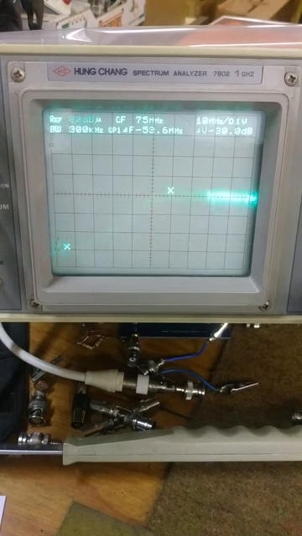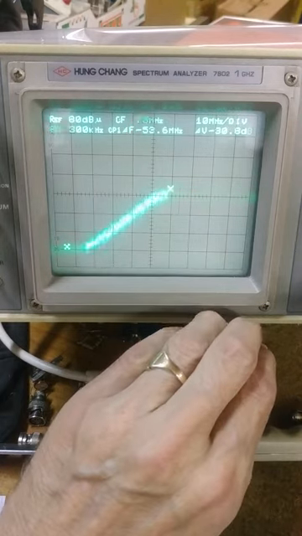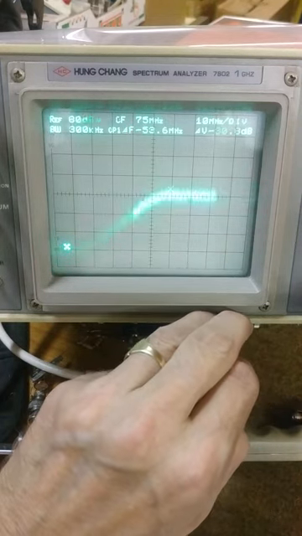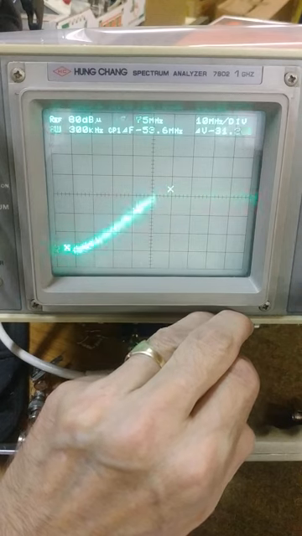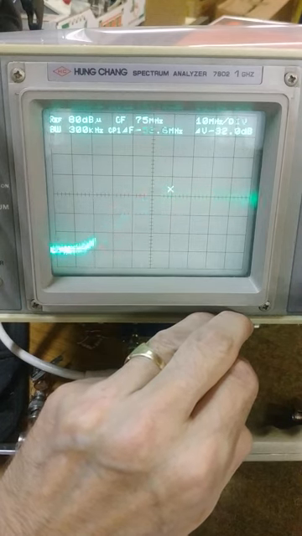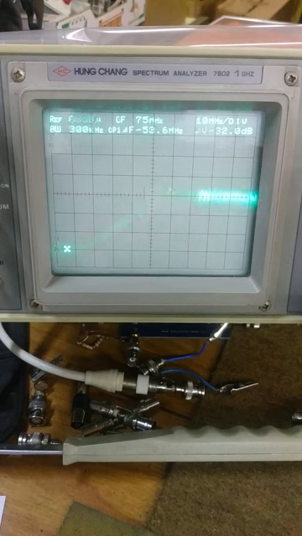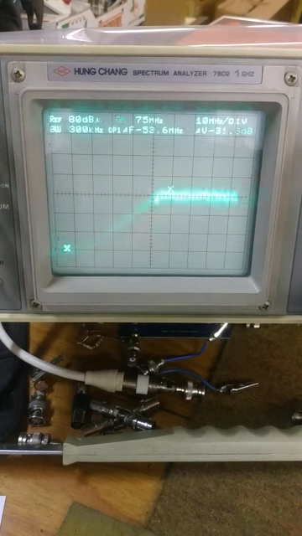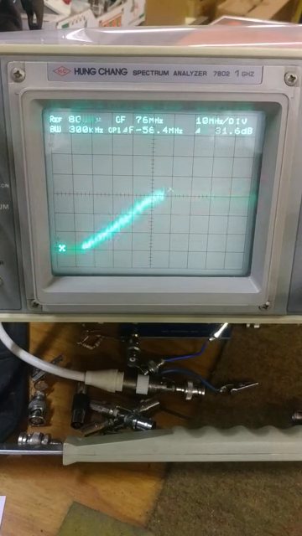If you look at it, let me just get my bearings here. There we go. It's exactly 32 dB attenuation. So at 75, which is my minus 3 dB, let's just do it.